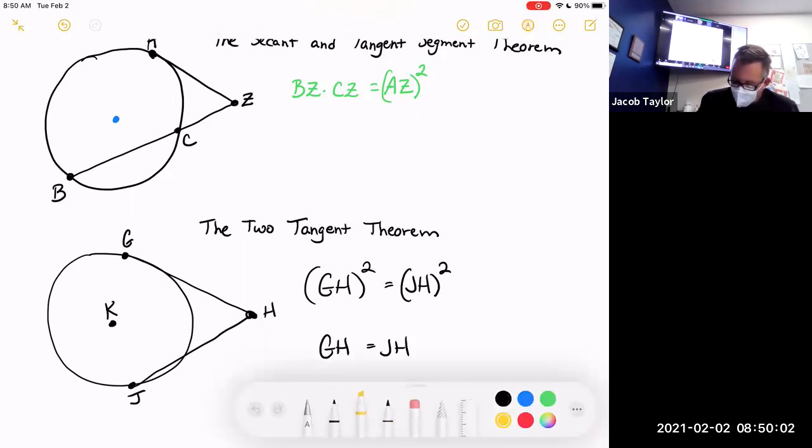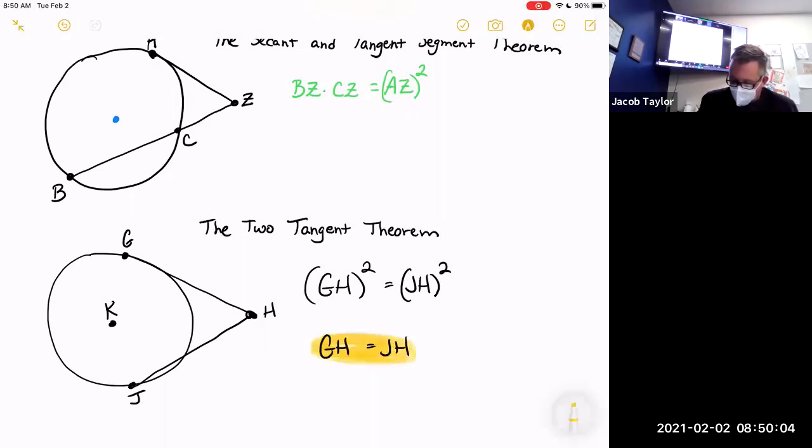You could do square root of GH equals square root of JH if you want to. You can do cube root of JH to the 1/4 power equals cube root of GH to the 1/4 power if you're a maniac. But the easiest thing to do is just to say that they are equal to each other. This is true if they come from a common point.